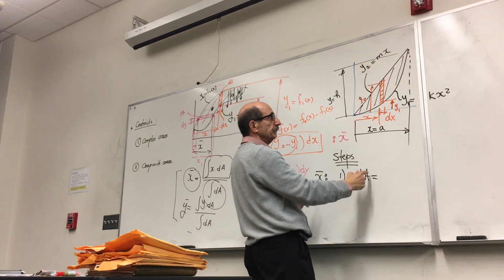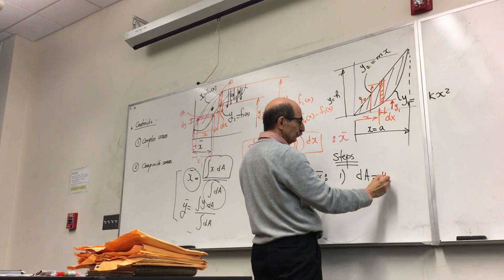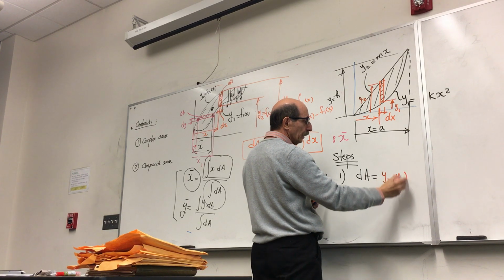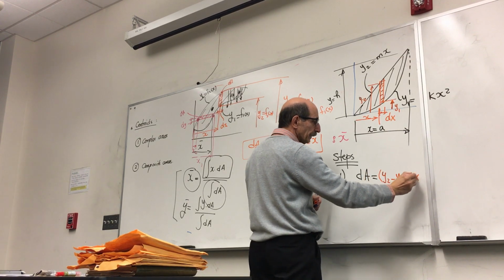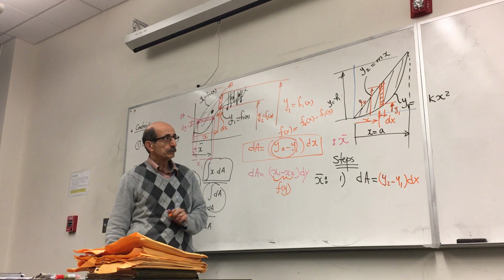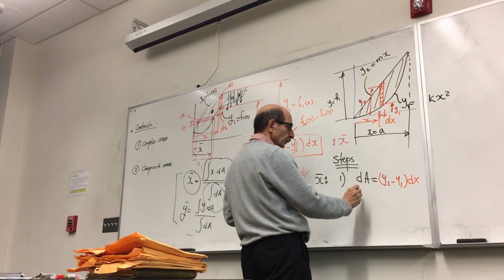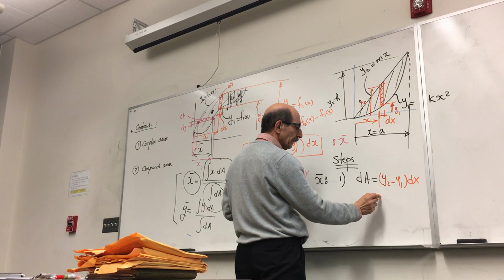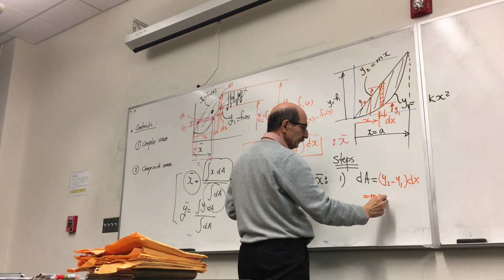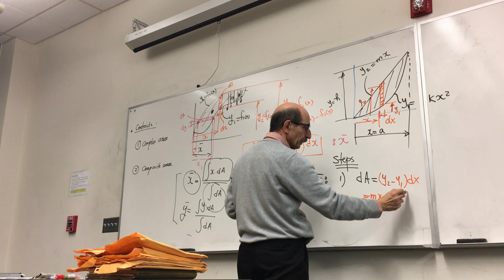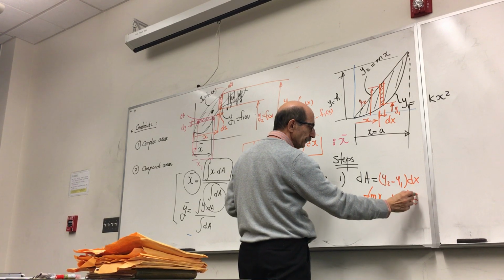So this would be then y2 minus y1 times dx. But what is y2? y2 is mx, y1 is kx squared, times dx.